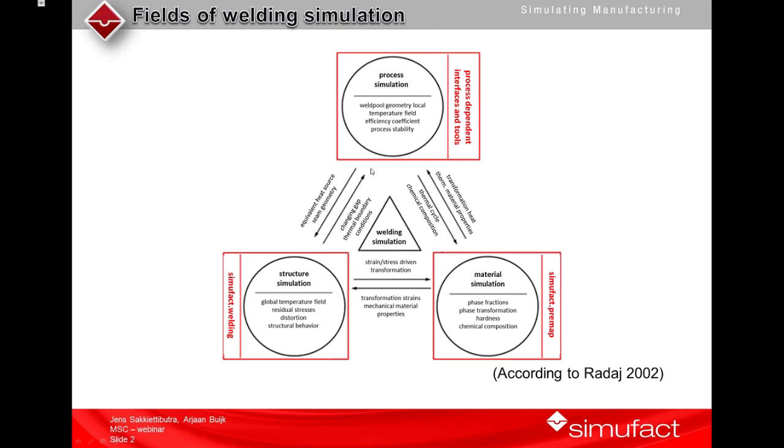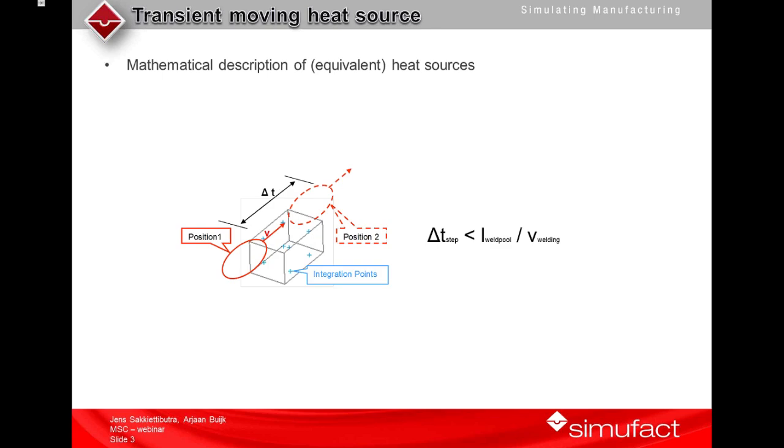And of course, we also have to model the temperature from the processes. Therefore, we are using mathematical descriptions to describe the introduced heat and the melt pool inside our structure. The principle is easy.